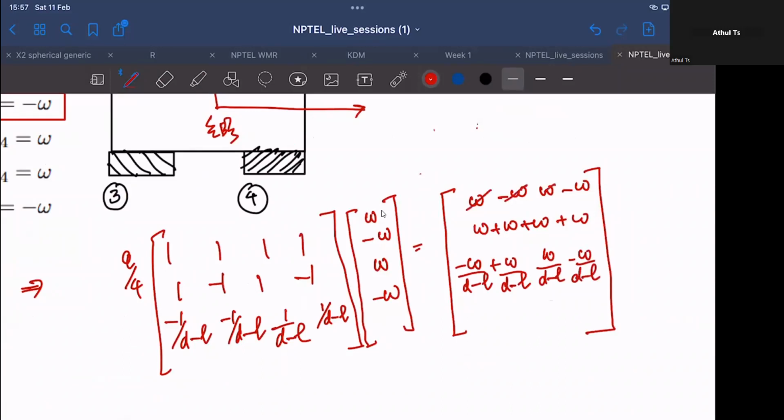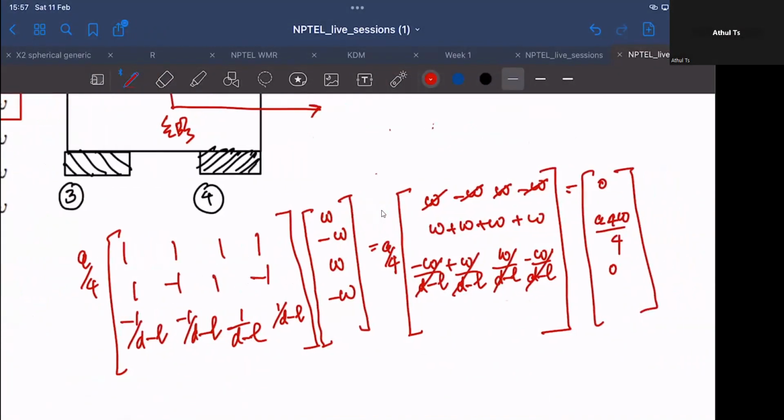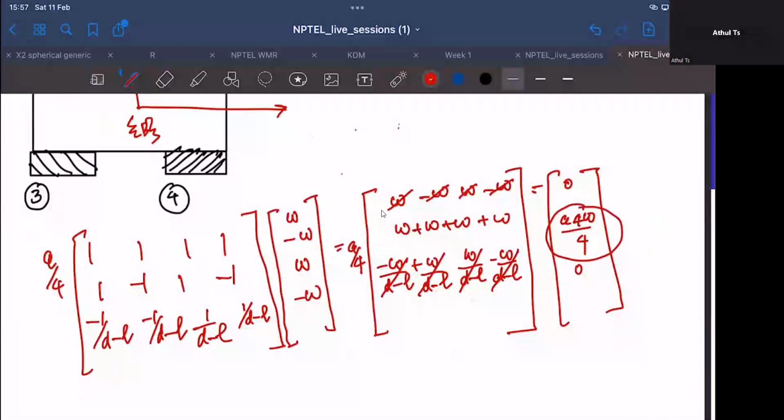There is also an A by 4 over here. The second row would be A times 4 omega by 4. And the third row again cancels out. So the robot will only have a velocity along the v axis.